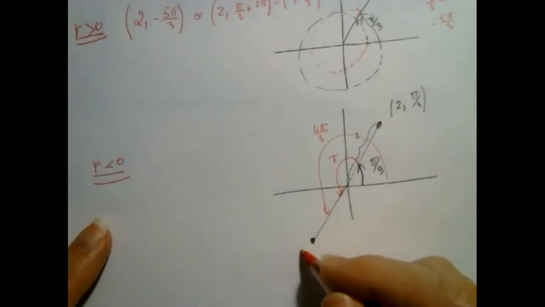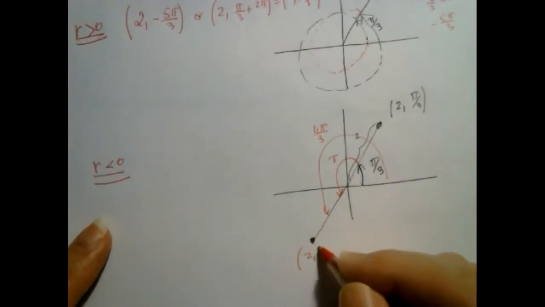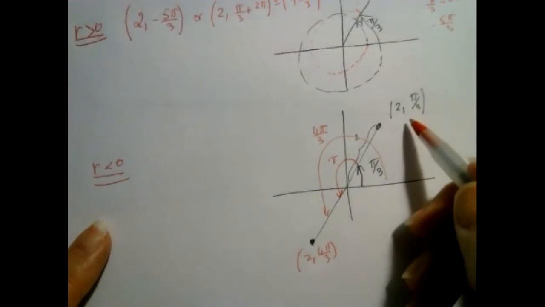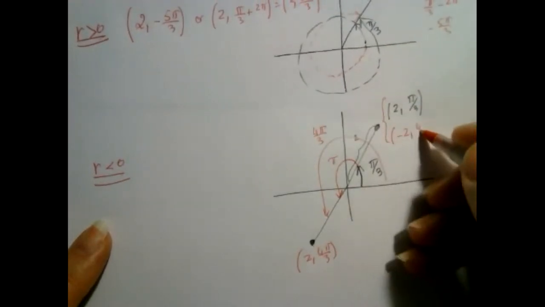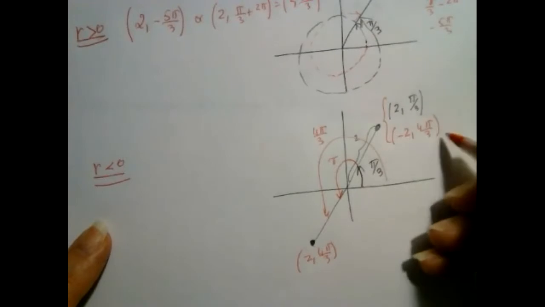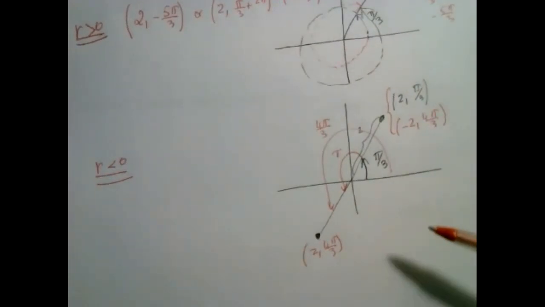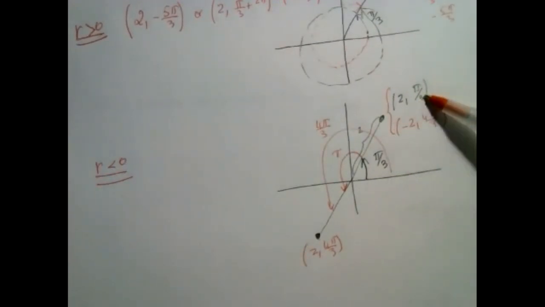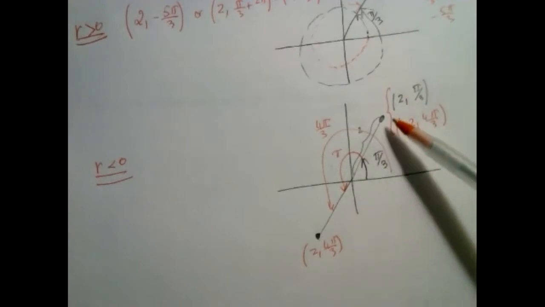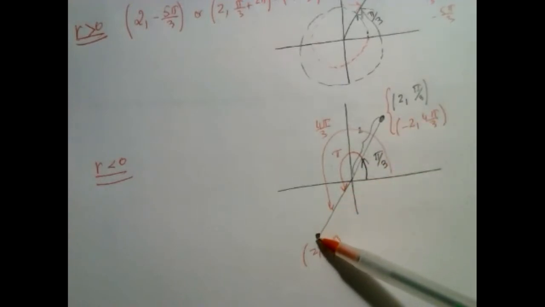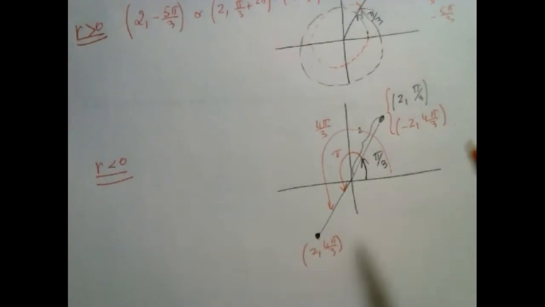So I look at this point. This point is 2, 4 pi over 3. So a representation for that would be -2, 4 pi over 3. Okay, so I repeat a little bit the picture. I want 2 pi over 3. I want the representation with a negative r. So I say, okay, let me take the one which is its reflection. I take the positive r for this one.